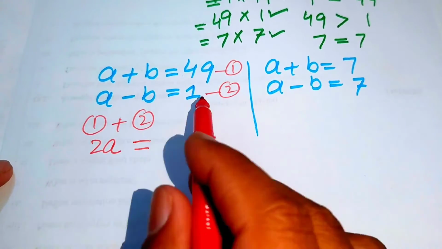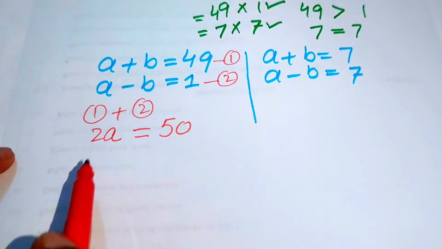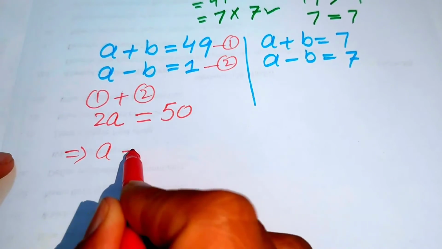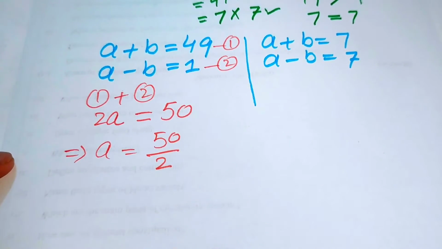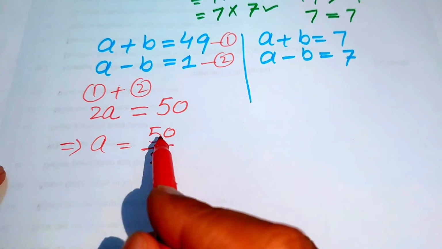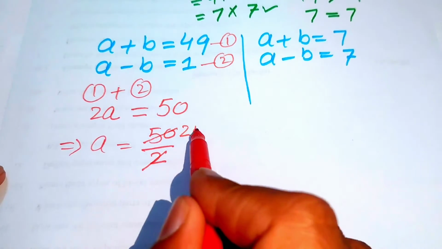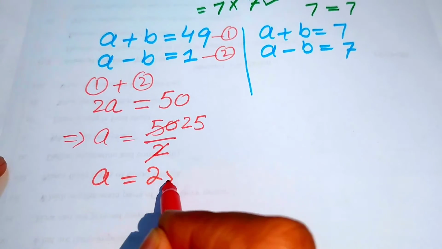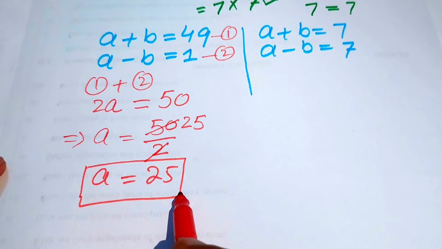So we have 2a equals 49 plus 1 equals 50, and we move this 2 to the right hand side, and we get a equals 50 divided by 2. Now we simplify the terms, 2 fives are 10, so here we obtain the value of a equals 25.